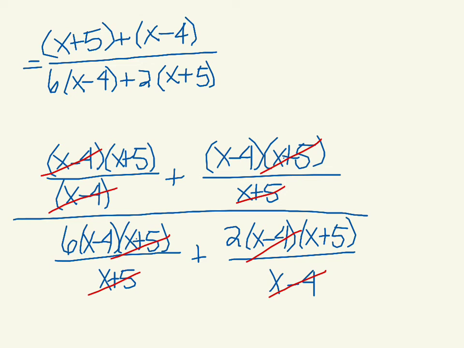Now I'm going to go ahead and simplify the numerator and the denominator. So in the numerator, I see that x plus x is going to give me 2x, and 5 minus 4 is 1, over, I'm going to distribute the 6 to get 6x minus 24, plus 2x plus 10.